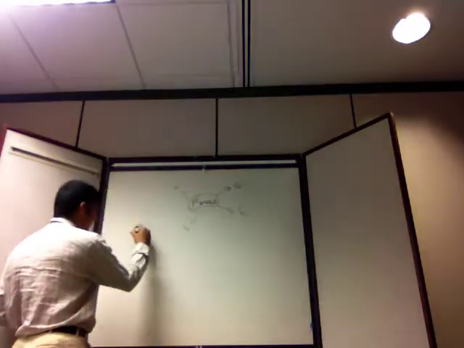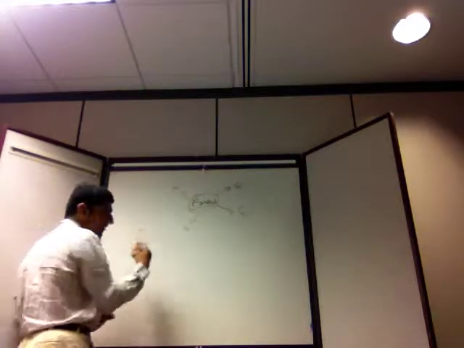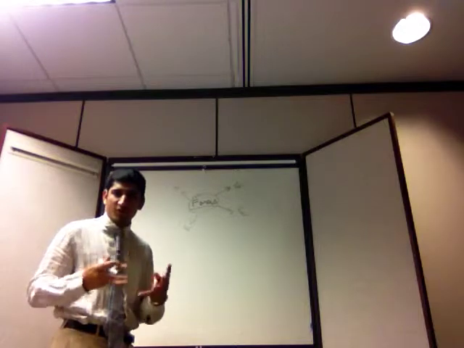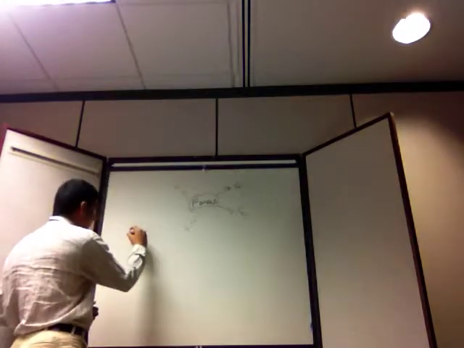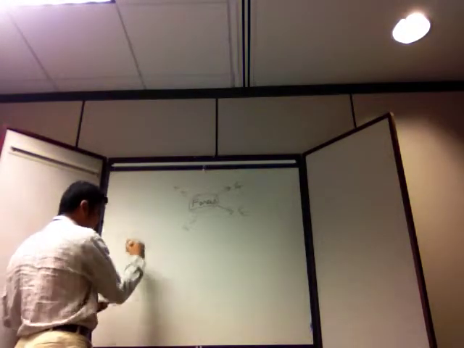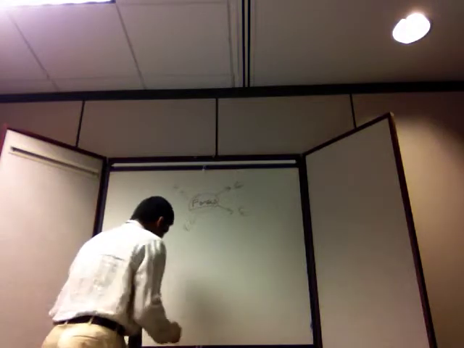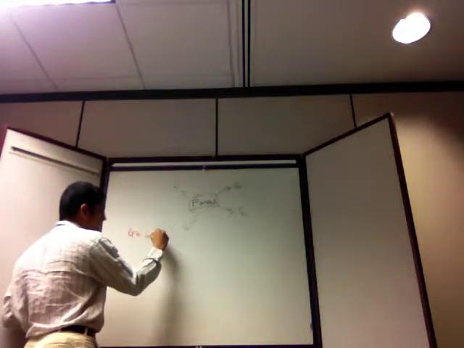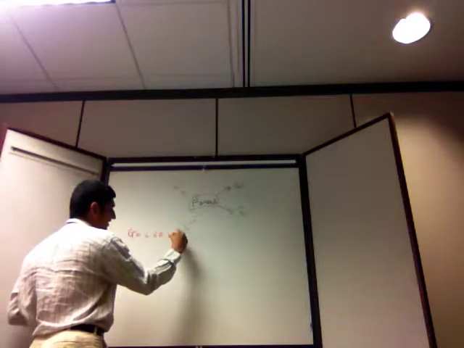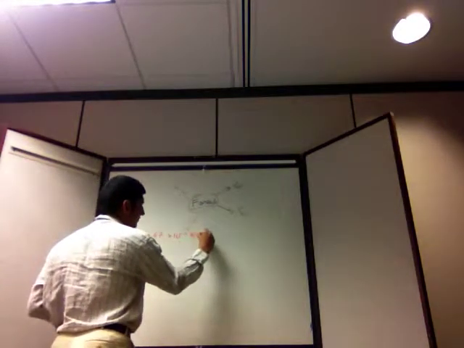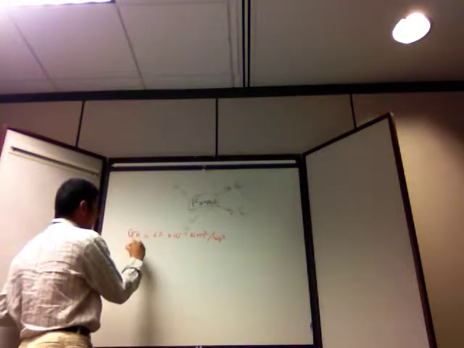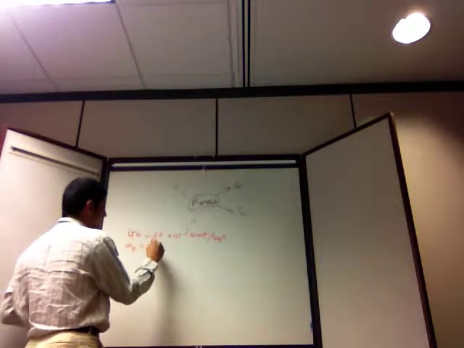Let's just label the values of a few constants that we're going to use in our calculation. We have the gravitational constant, G, equal to 6.67 into 10 to the negative 11 Newton meter square per kg square.